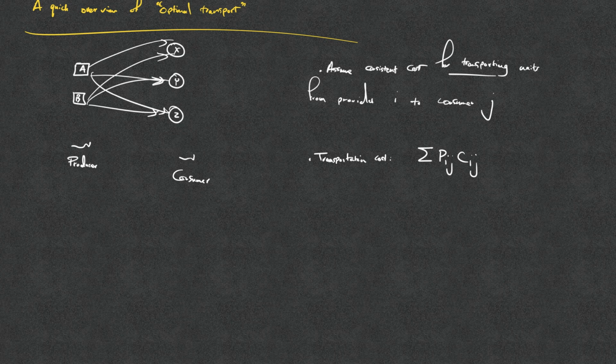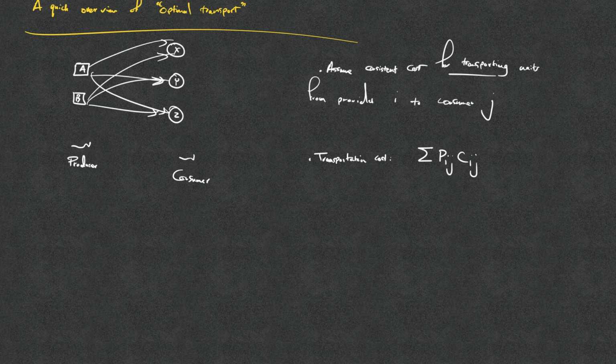With that type of assumption, you can have a cost for transporting 1 unit of resource from A to X. Let's say it is C1, a number like 3, and you have another number, not necessarily the same as before, for transporting 1 unit of resource from B to X, and therefore you have this transportation plan.